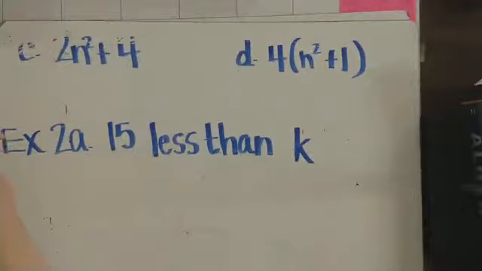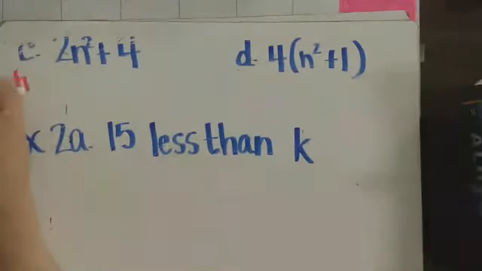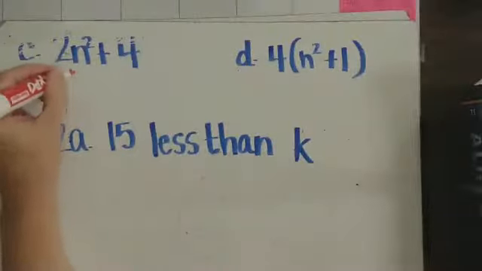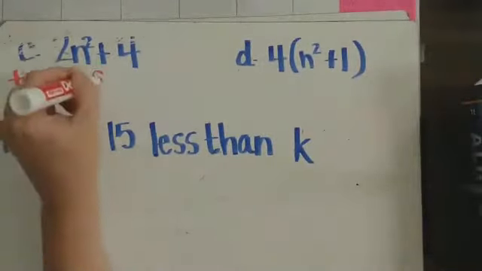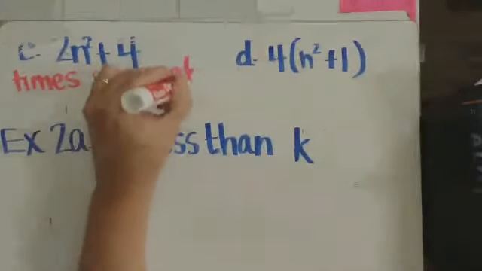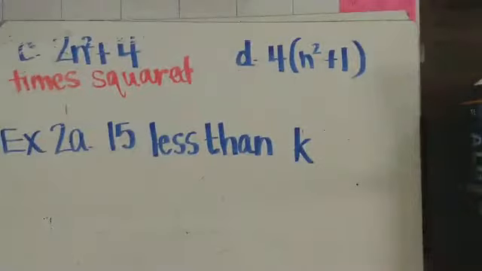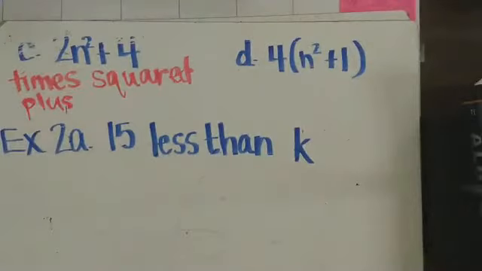Multiplication. We could say 2 times n. And what's happening to n? It's being squared. Blank 4. What's happening here? We could say plus 4.